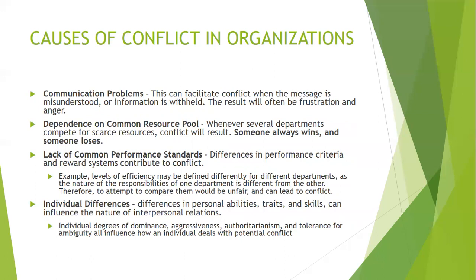If there are problems in the efficiency of communicating information, if technical jargon is being used for an audience that cannot understand it, if information is being filtered and purposely withheld, all these situations that we have discussed before can lead to problems and promote conflict amongst different parties in your organization.